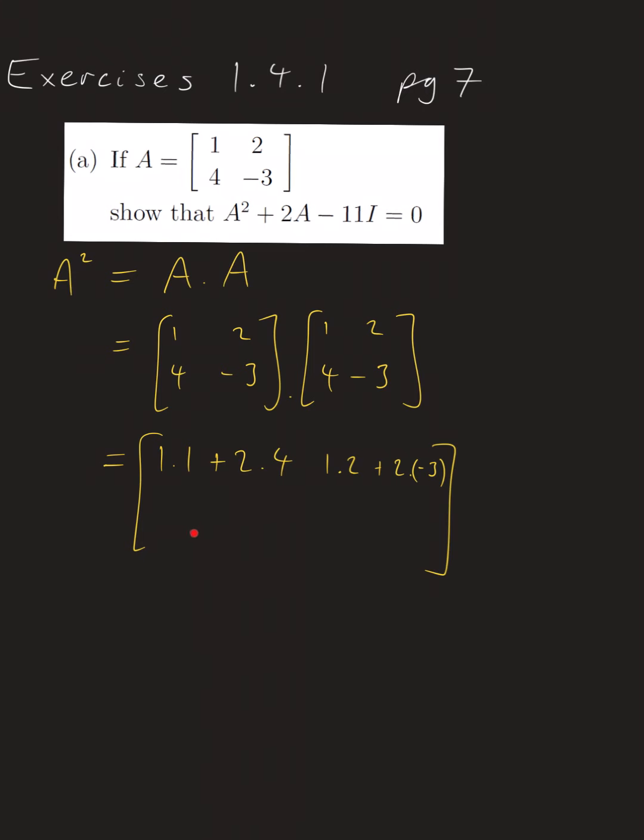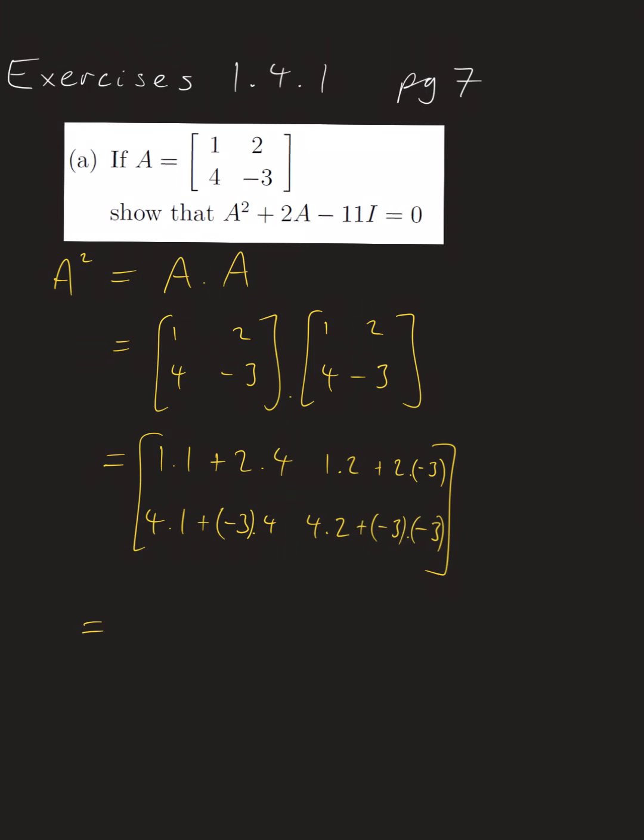So again that's down here in the second row and the first column of this matrix. It's going to be 4 times 1 plus minus 3 times 4. And you can see there I've just put that minus 3 in brackets. Next I'll do second row and second column down here. So that's 4 times 2 plus minus 3 times minus 3.